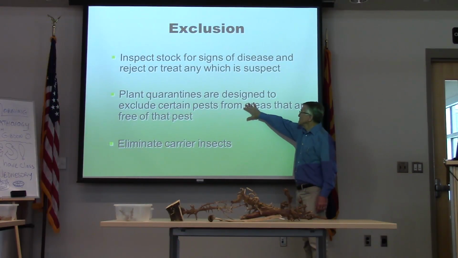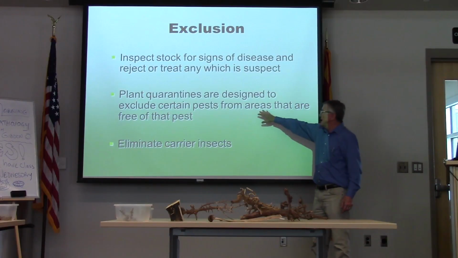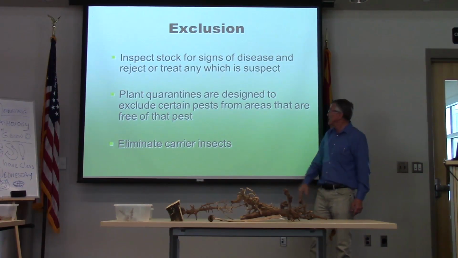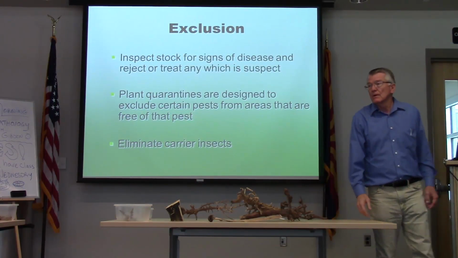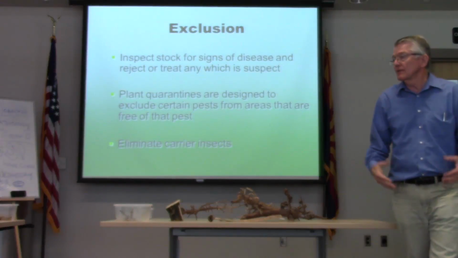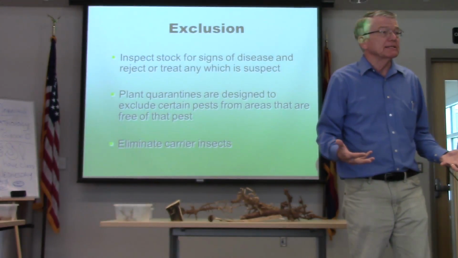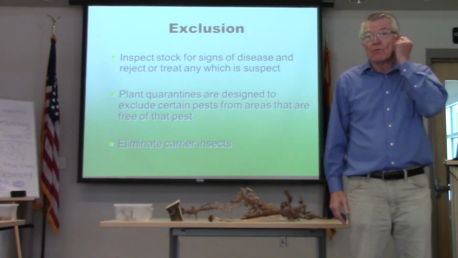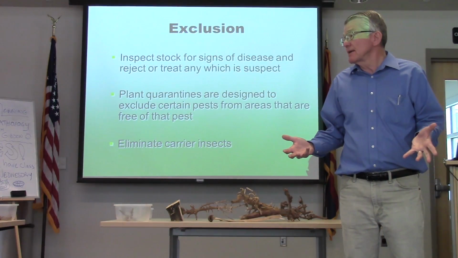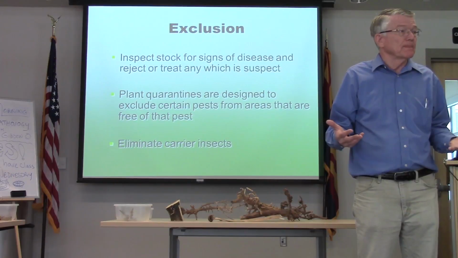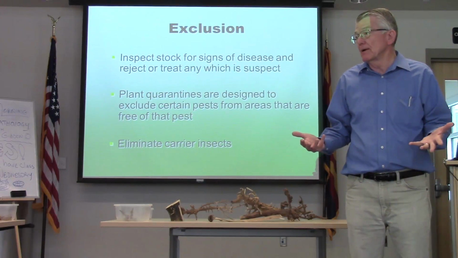Plant quarantines are designed to exclude certain pests and diseases from areas that are free of the pest. We are watching very carefully for insects. It's usually more insects in this than others. We're watching very carefully at the borders for signs of the pecan weevil or the pecan casebearer.